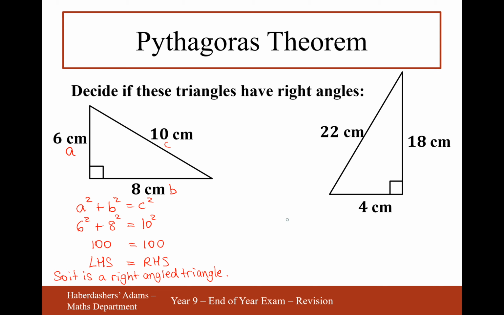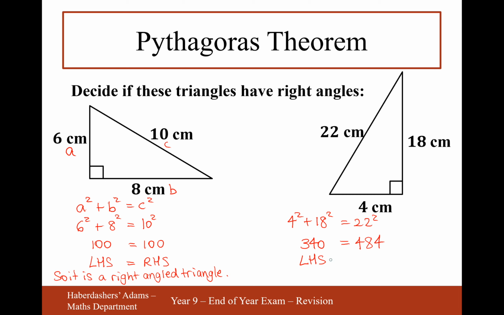Okay, and moving on to the next one, it's going to be 4 squared plus 18 squared equals 22 squared. Let's see if it does. 4 squared plus 18 squared equals 340. And then 22 squared equals 484. Nowhere near. This is not even nearly a right angled triangle.